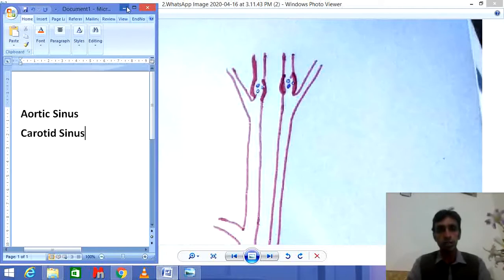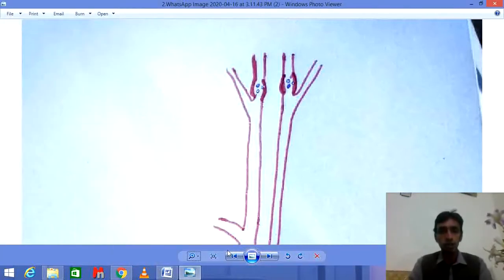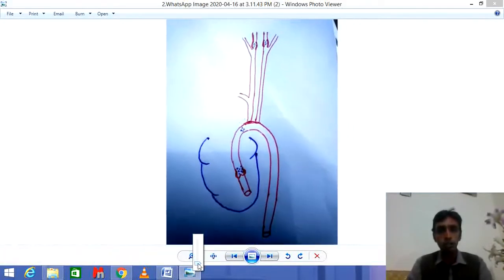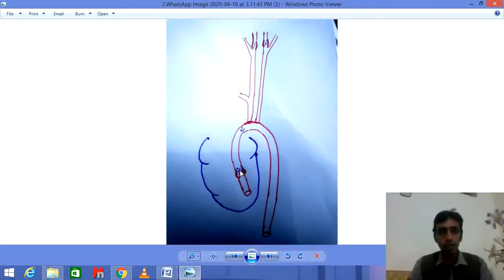Now further, you can also see in this diagram small dots over here and over here. Small dots are present on or near the aortic sinus, on the aortic arch, and on the carotid sinus.